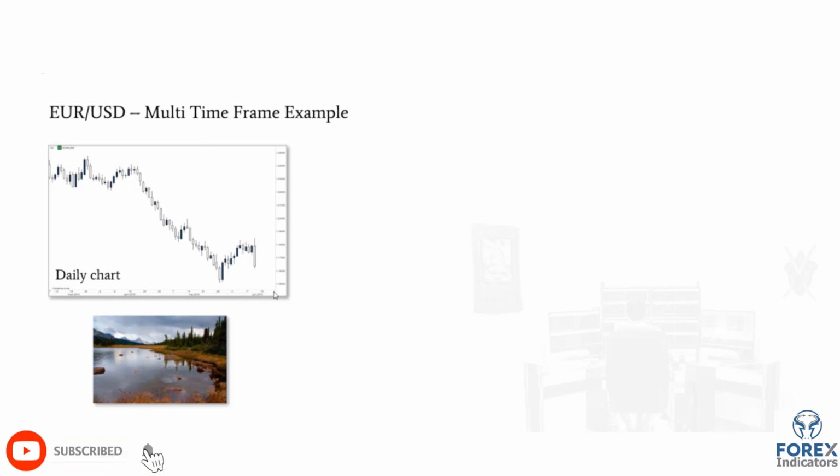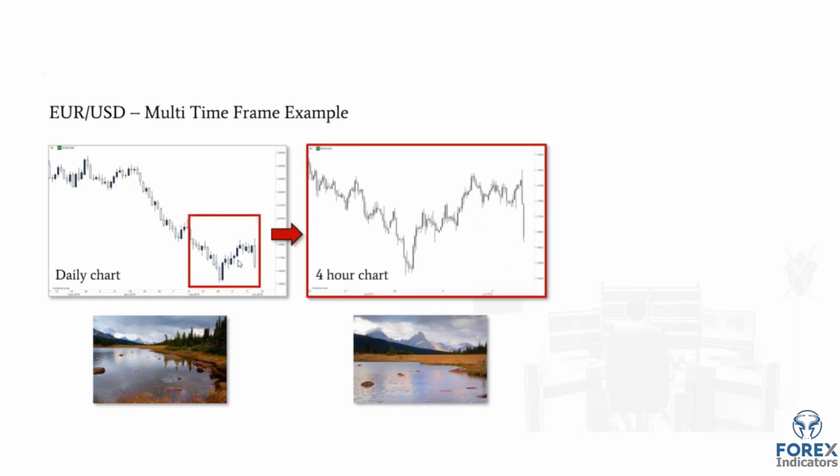And if we want to view a portion of this context in greater detail, we could, for example, magnify an area here like this. So this red box, if we magnify this and look at this price action in the 4-hour chart, you can see that instead of each bar being made up of 1 day of price action, because it's a daily chart, each candle here is made up of 4 hours of price action.